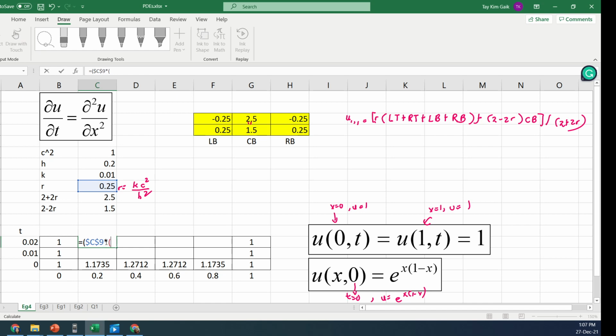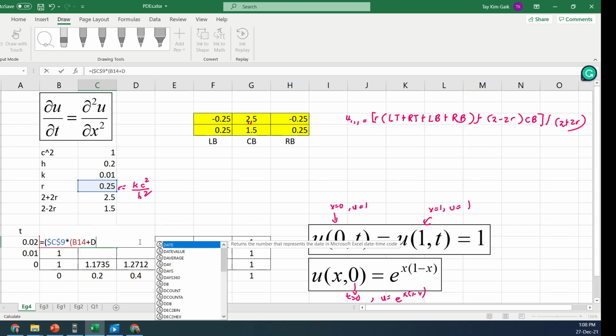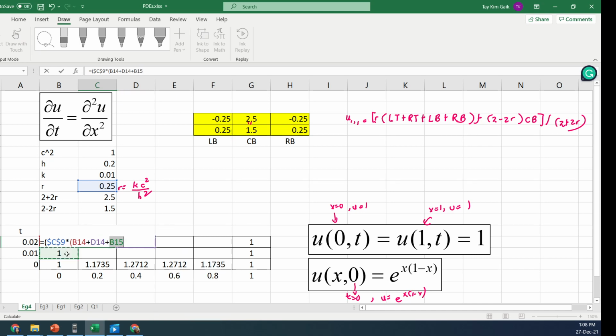Times left top, right top is D14, plus left bottom B15, plus right bottom D15, plus 2 minus 2r, or you can click here, 2 minus 2r, multiplied by the value of center bottom, which is C15, close the bracket, divide by the coefficient of 2 plus 2r.